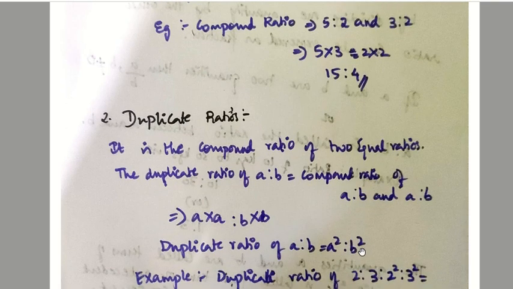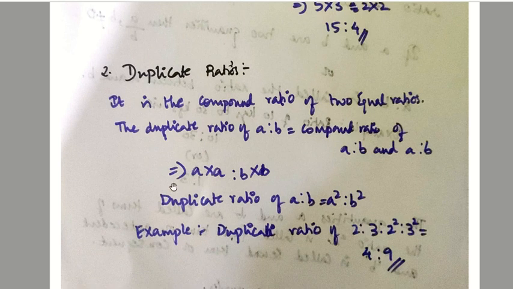Second is the duplicate ratio. It is a compound ratio of two equal ratios. So the duplicate ratio of A is to B is equal to the compound ratio of A is to B and A is to B, which is equal to A into A is to B into B. The duplicate ratio of A is to B is A square is to B square.